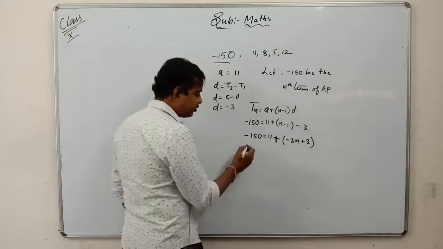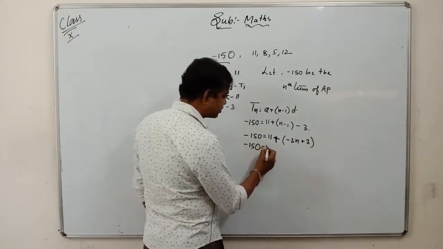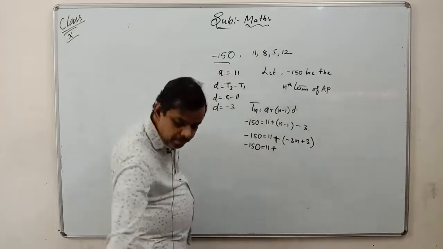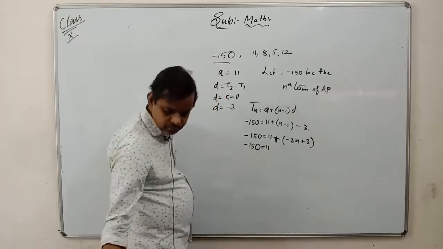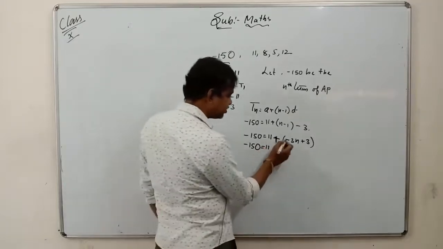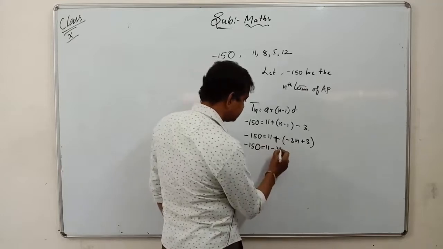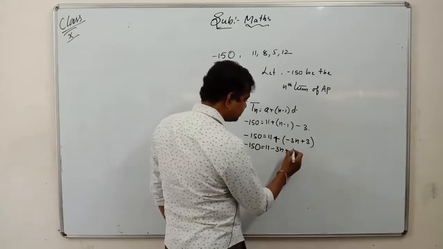So now we will remove the bracket. Minus 150 equals to 11 plus, plus into minus is minus 3n, plus into plus is plus 3.